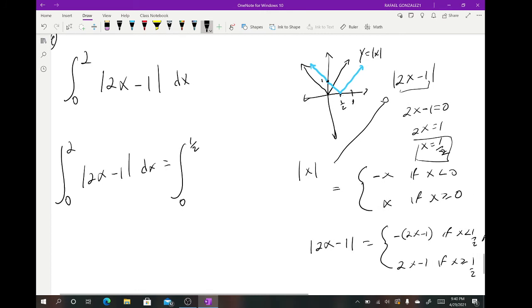So we're going to go from 0 to 1/2 when we have negative 2x minus 1, so negative (2x minus 1) dx, and we're going to add from 1/2 to 2 the other one, which is 2x minus 1 dx.